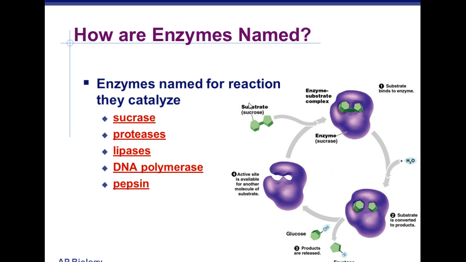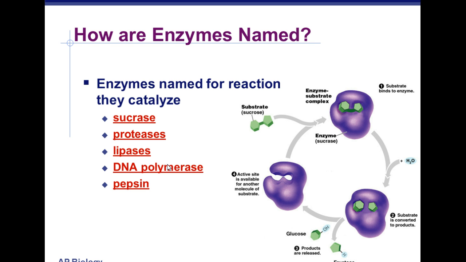Now, proteases break down proteins, and lipases break down lipids. We've also seen through our study of protein synthesis a molecule called DNA polymerase. You see it right here, DNA polymerase, which adds nucleotides to the DNA strand, and RNA polymerase that copies DNA and produces messenger RNA.